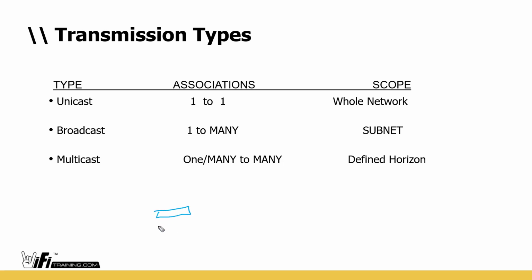So again, if we have a switch here, and I'm over here, and I've got 4 other people, if I send a broadcast, it's going to go into the switch, and it's going to go to everybody, right? Everybody gets a copy. So I use that for protocols like ARP to help me understand your layer 2 addresses, okay?